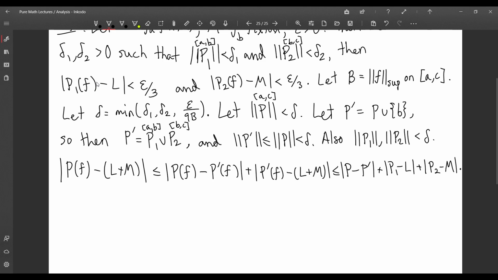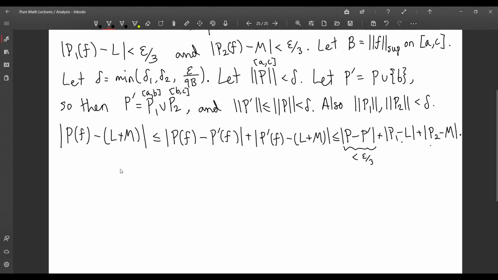Okay. And so since P1 and P2 have meshes less than delta, P1 has a mesh less than delta 1, and P2 has a mesh less than delta 2. So these terms are both less than epsilon over 3, so we need to show that this term is also less than epsilon over 3.